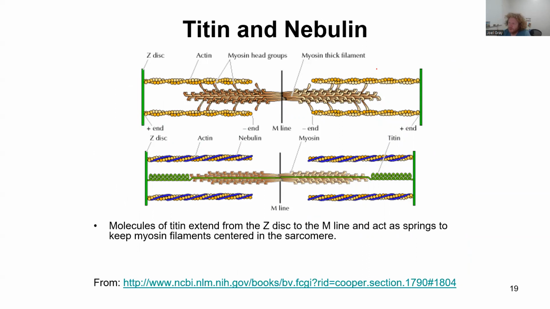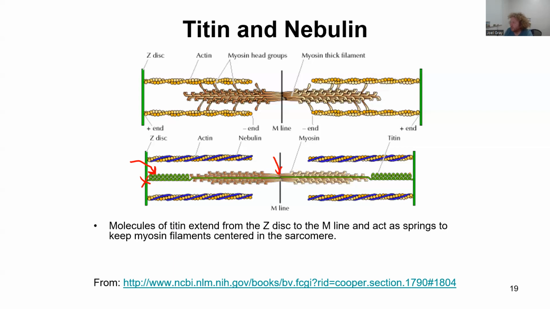Now, molecules of the protein titin extend from the Z disc to the M line and act as springs to keep myosin filaments centered in the sarcomere. That would be this protein right here. So we have titin, which extends from the Z disc, where I put an X, to the M line, where I put an arrow.